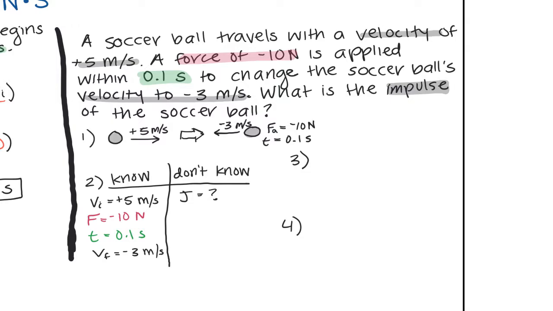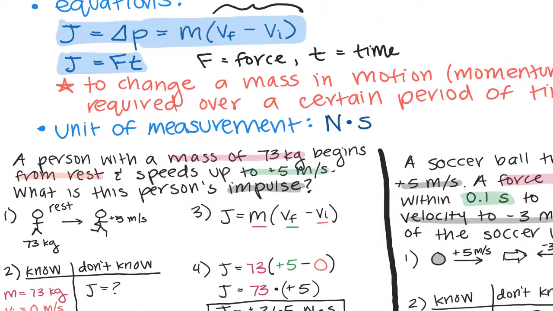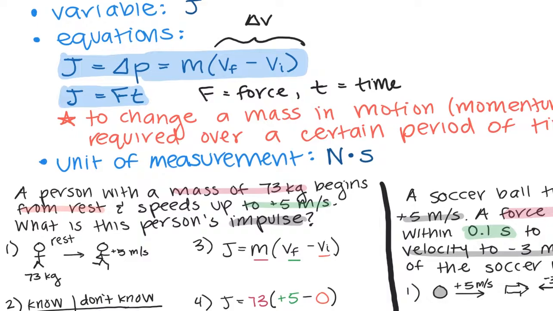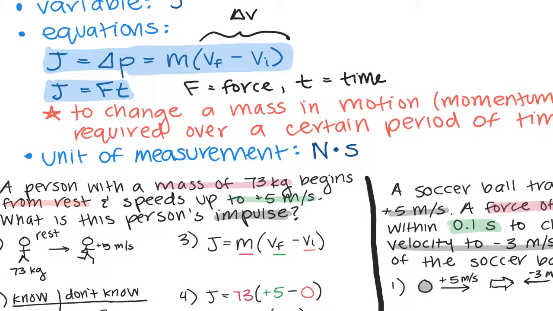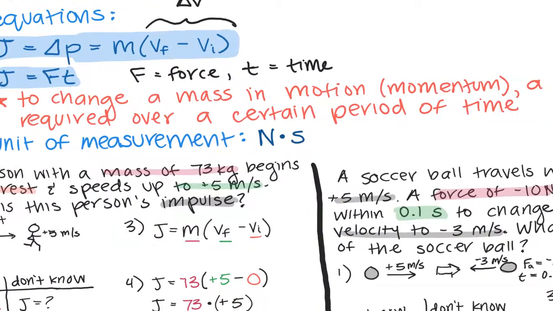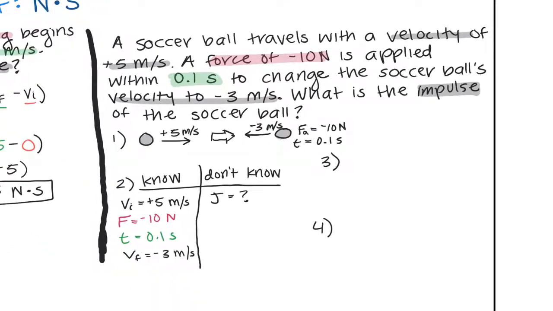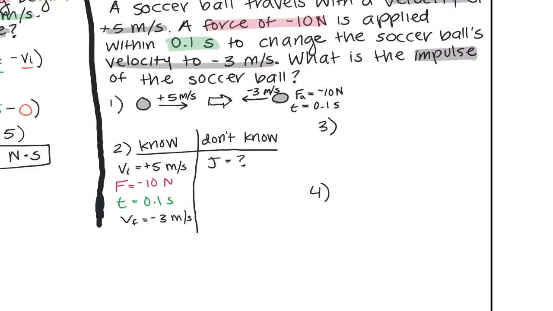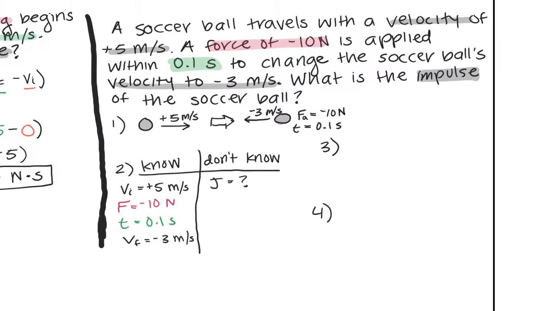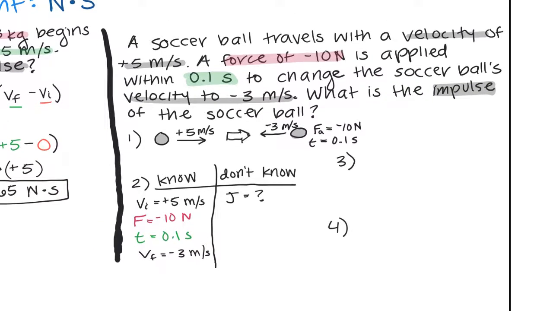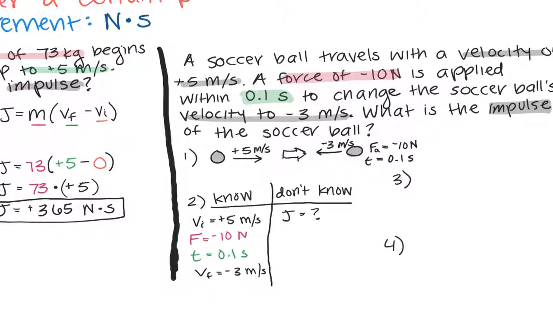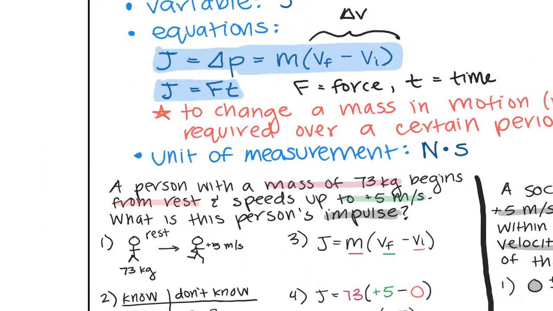All right, so we've got our list of things we know and list of things we don't know. Let's look back at our equations here. We've got two options: we could use m times vf minus vi, or F times t. We've got vi and vf, but the problem, unfortunately, did not give us anything about the mass. So we need the mass to use the change in momentum equation, and we cannot use the first equation.